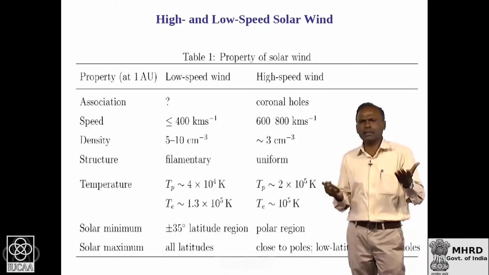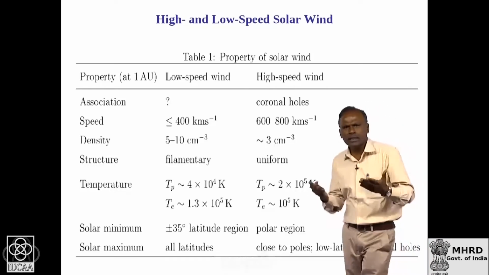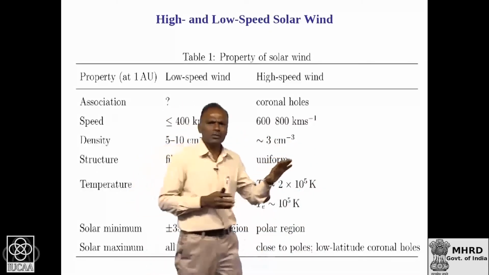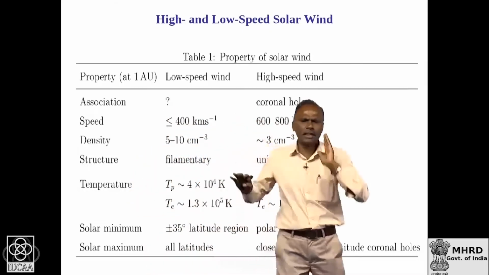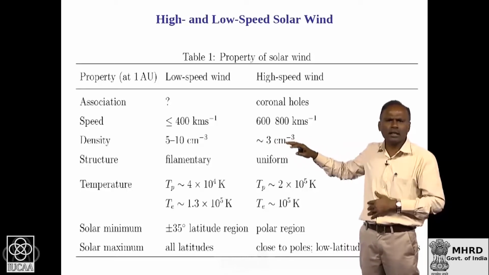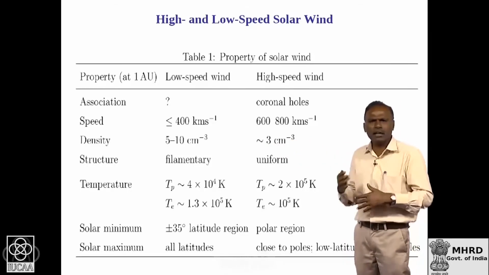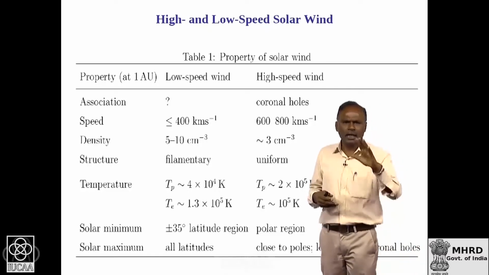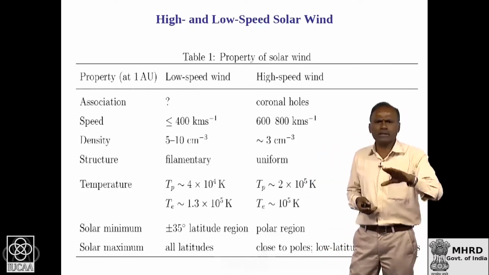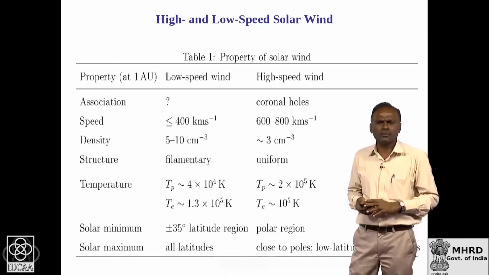So, the low speed wind, the typical speed is less than 400 kilometer per second, and density can vary from 5 to 10 particles per cc, and they have a filamentary structure. The proton temperature and electron temperature also have a variation.